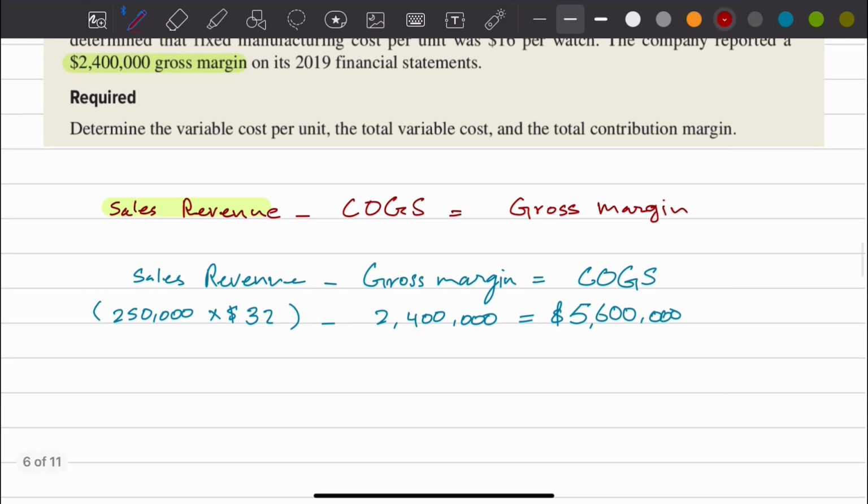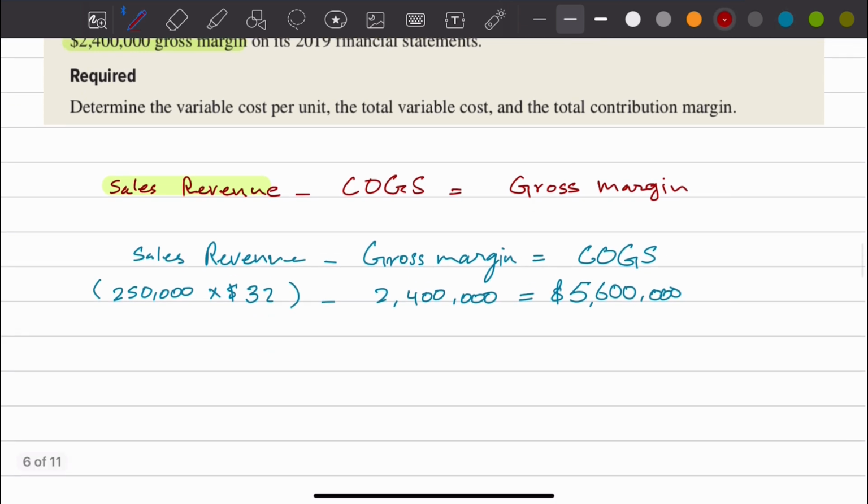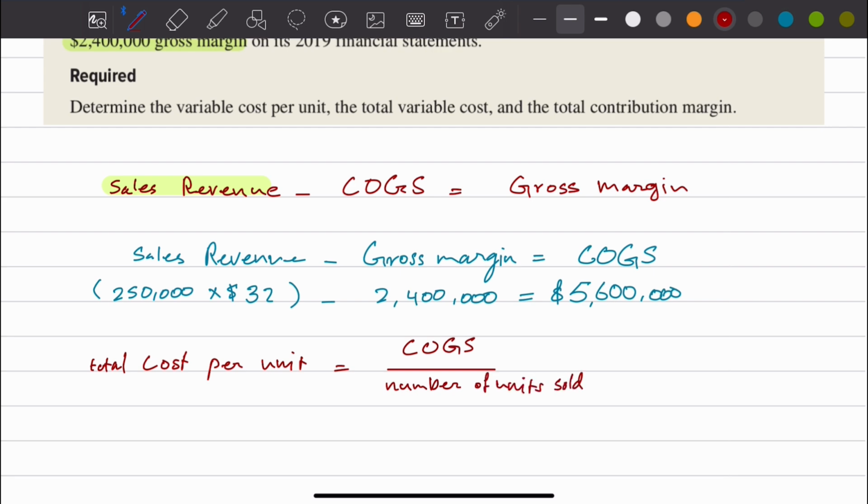So again, we can formulate a simple formula and say that the total cost per unit is going to equal the cost of goods sold divided by the number of units sold.